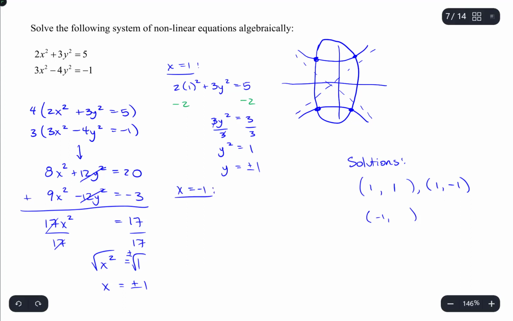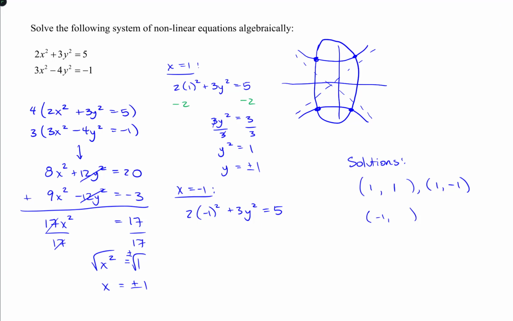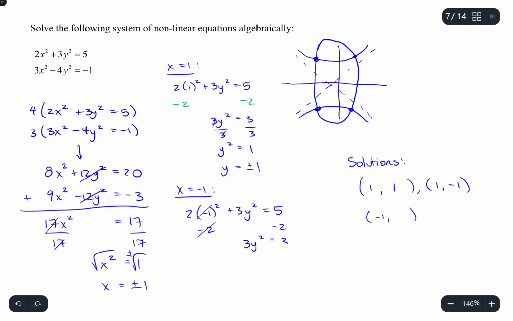Now, when x is negative 1, the same sort of thing is probably going to happen. Because if you'll notice, when I plug in negative 1, nothing really changes here. Because negative 1 squared is 1, positive 1, times 2 is 2, so if I subtract 2 from both sides, I end up with 3y squared equals 3, which is the same place that I ended up above.